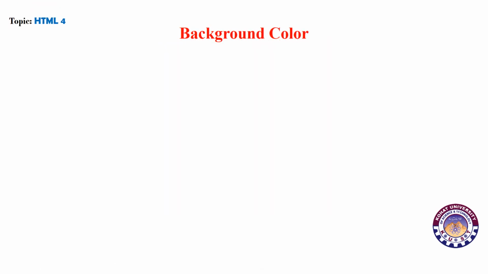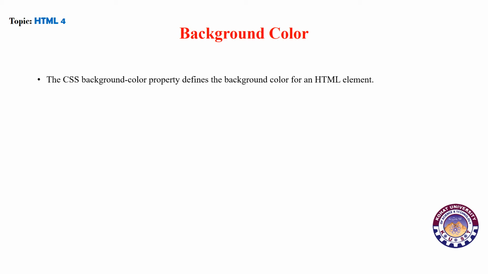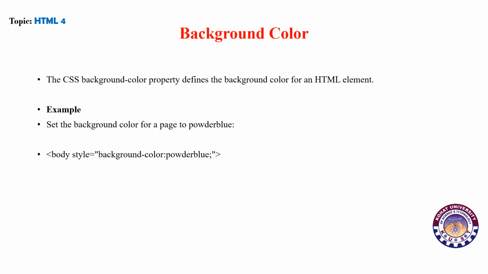Background color. The CSS background-color property defines the background color for an HTML element. Here I am giving you an example that sets the background color for a page to powder blue. Look at this example.